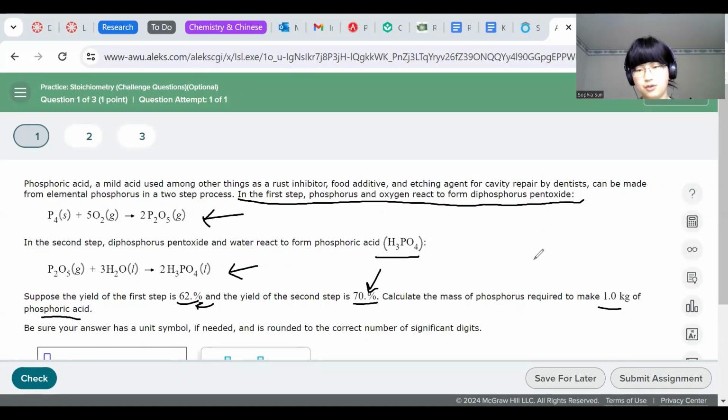So to start off, I'm going to start by calculating the theoretical mass of phosphorus. This could be set up very simply by using your dimensional analysis. So 1.0 kilograms of phosphoric acid, H3PO4, is 1,000 grams.